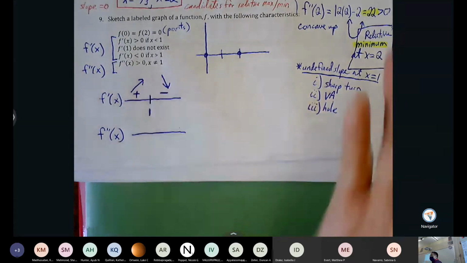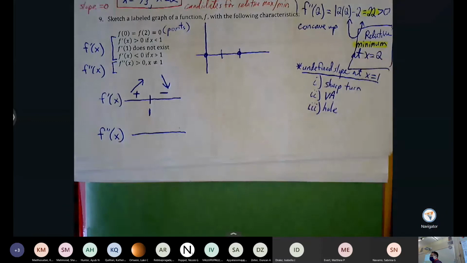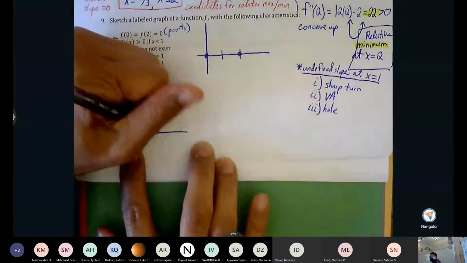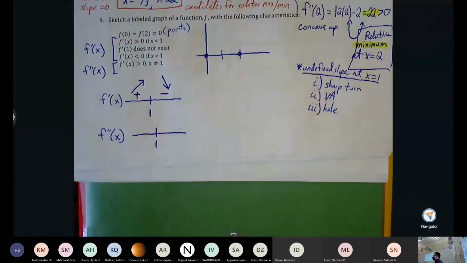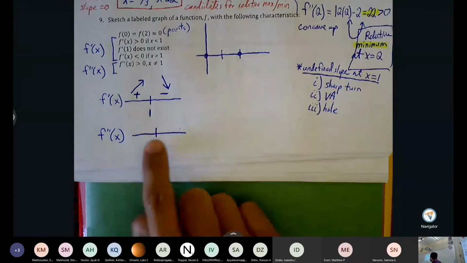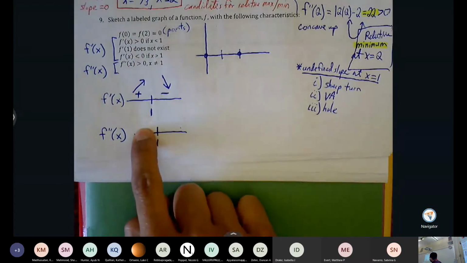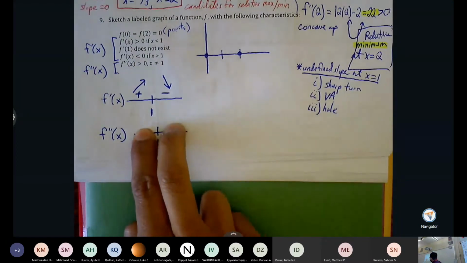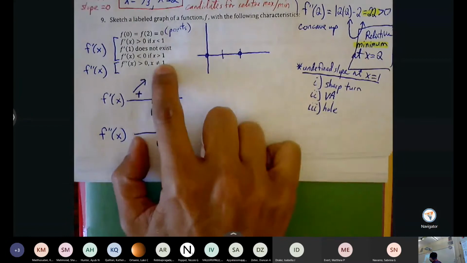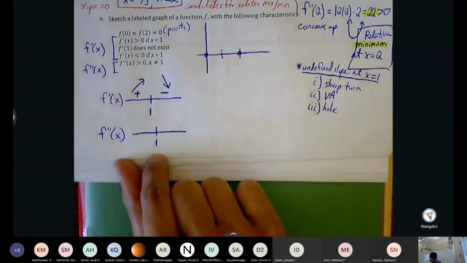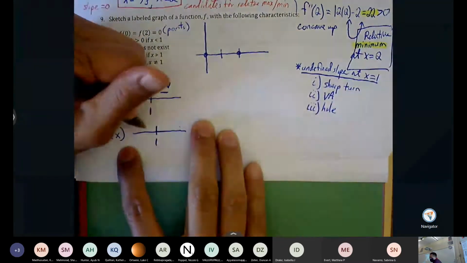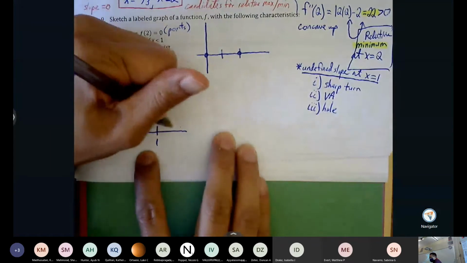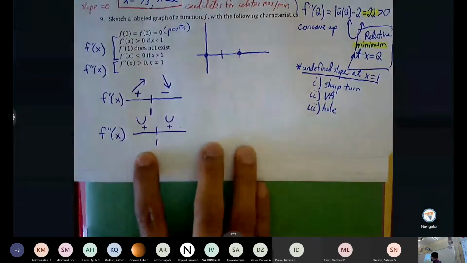So basically everywhere except 1. So 1 is also a critical point because it's going to help separate our intervals, right? So to the left is concave up, to the right is concave up. There's no concave down. The only place where it has neither concavity is at 1. So we want concave up here, concave up here.